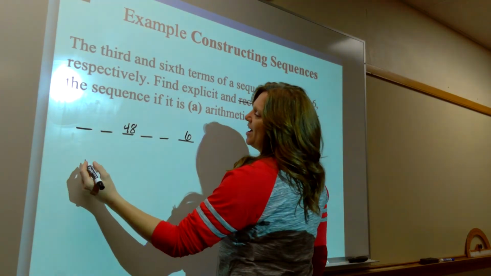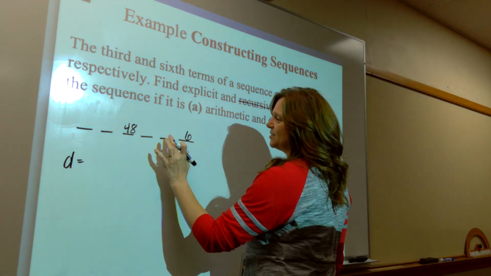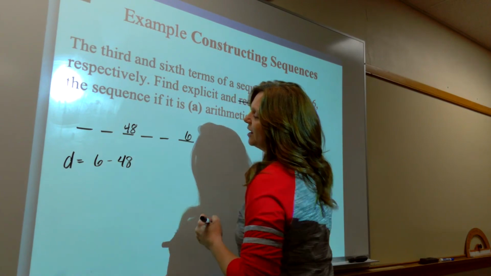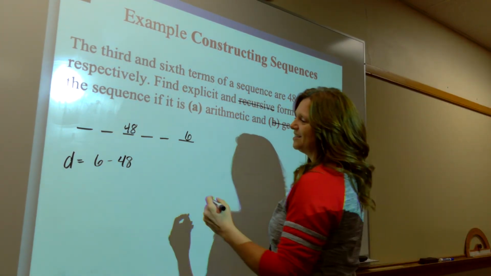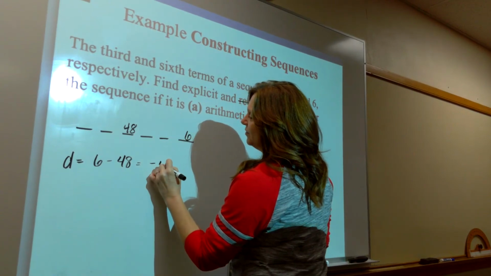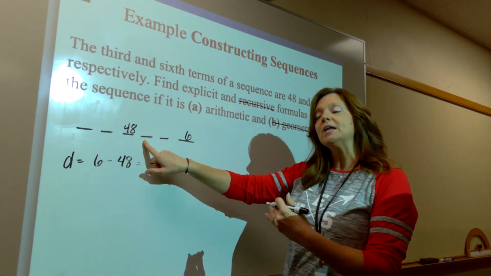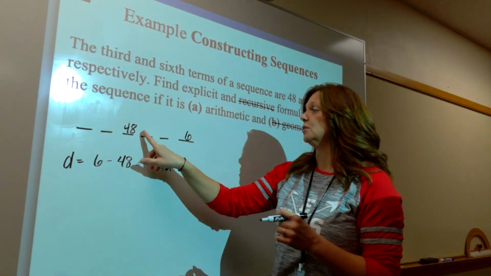To figure out my common difference, I'm going to take 6 minus 48 to figure out what is that difference. So 6 minus 48 is negative 42. If this 6 was right here, I would be subtracting 42, but it's not right there. It's way over here.